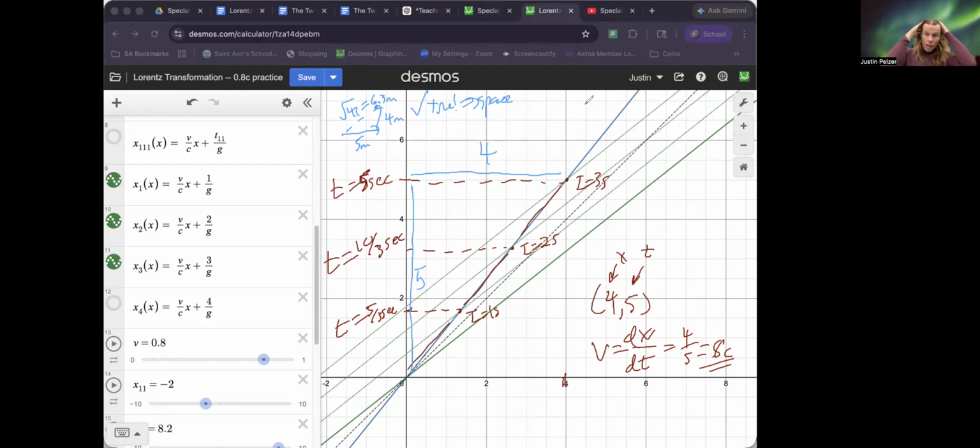Meaning to have the speed of light, which is motion of space through time, be the same in all reference frames, time has to be different. Time and space are connected in a hyperbolic geometry. Hyperbolic meaning ds squared equals dt squared minus dx squared. This minus sign is hyperbolic. It's a hyperbola.